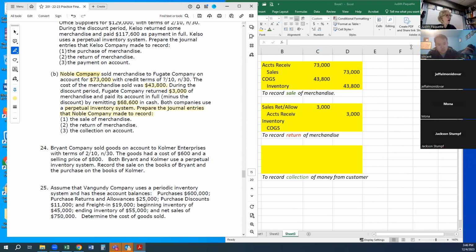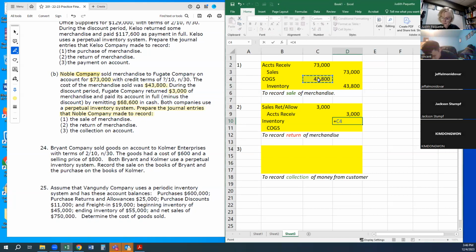All right. So all we know is that we did sell 73,000 and that cost was 43,800. That's all we know. And of this inventory, 3,000 in sales price came back. So we're going to create a ratio and say, what percent of cost out of the sales? 43,800 is how much the inventory cost, and you can see cost of goods sold is 60% of sales.